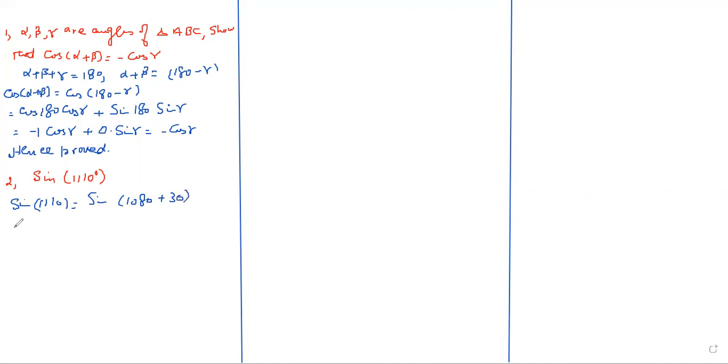Right, we may write it as sine of 3 times 360 plus 30.